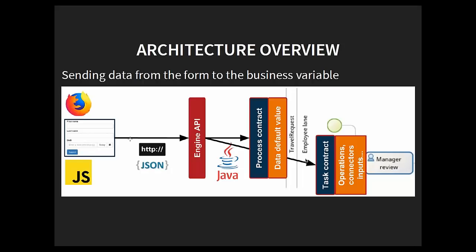This information will go through a JSON format and then will be provided to the engine using a REST API, and this REST API will leverage Java at some point, and the engine will check whether it is used as a process contract, and then this will be something really helpful for the default value of some business variable.